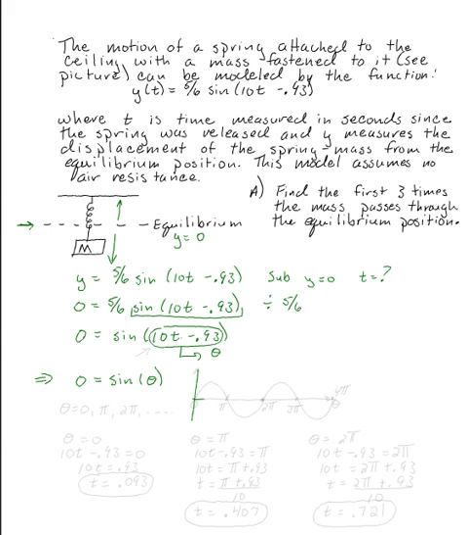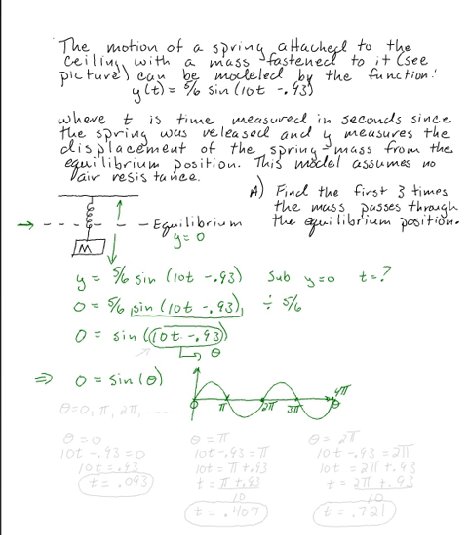I go back to the basic graph for the sine curve. The basic graph for sine looks like this. It oscillates through one period. I'm going to put another period on here. And it crosses through 0 at 0, pi, 2 pi, 3 pi, 4 pi, and it goes on.